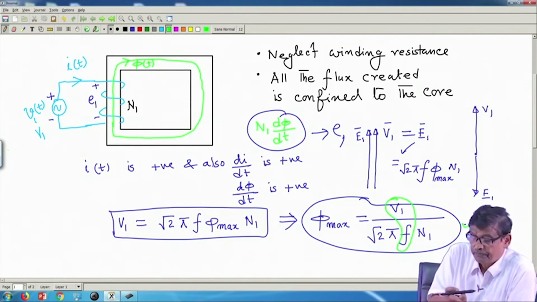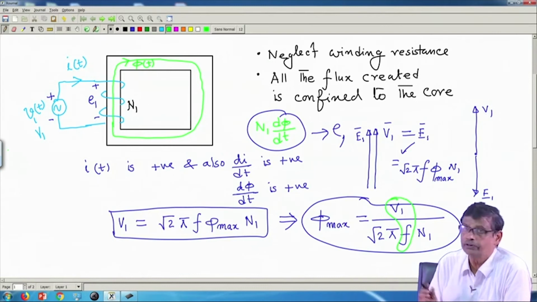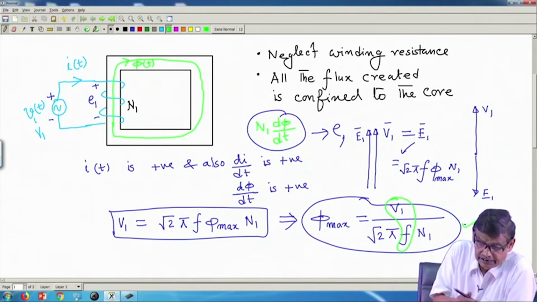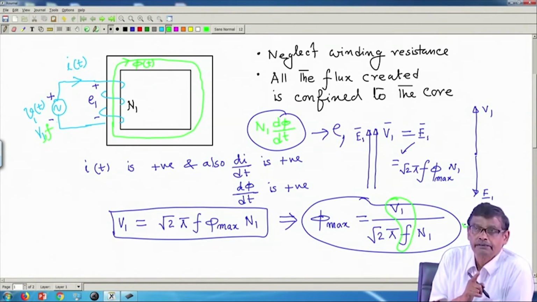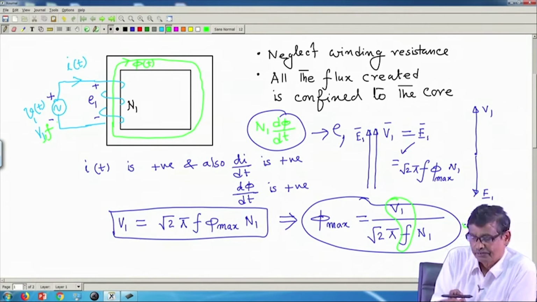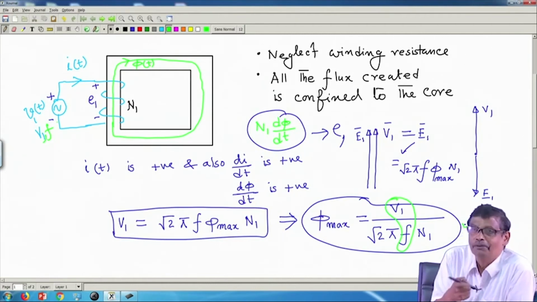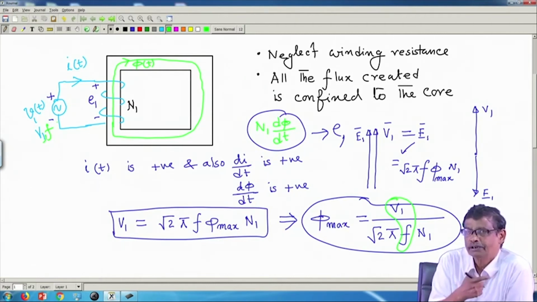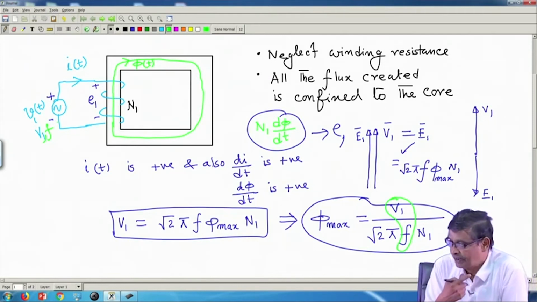In other words, if mu bar changes because of a different magnetic material, phi max you cannot alter. It is solely decided by V 1 and the supply frequency. They have the last word about the strength of the flux created inside the core, nobody else, and definitely not the relative permeability of the core material. Supply voltage and frequency are fixed, so phi max is decided.